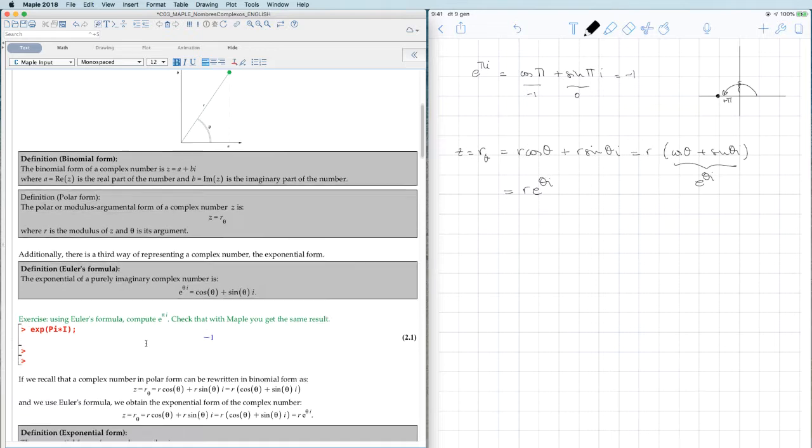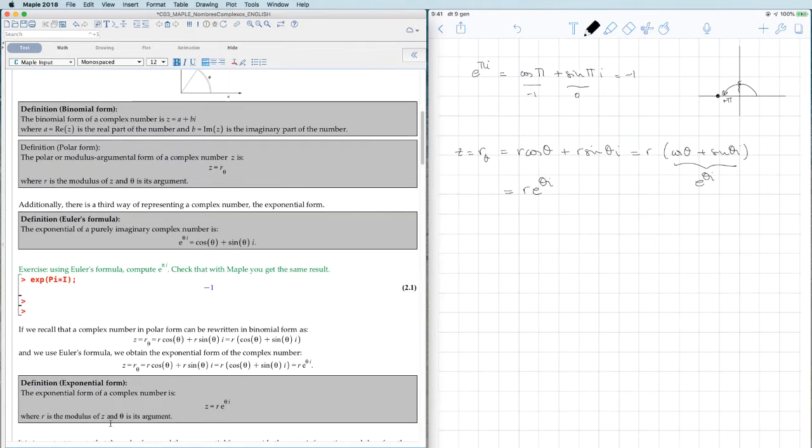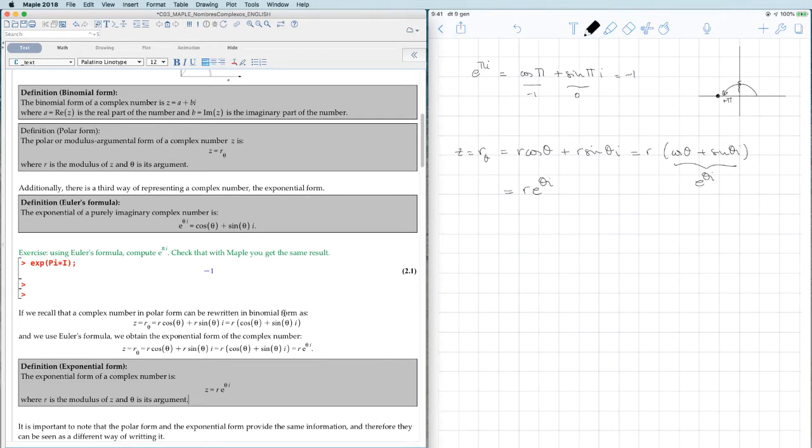So this is the exponential form of a complex number: r e to the theta i. Now, it's important to note that the polar and the exponential form provide the same information, and therefore it's just a different way of writing it.